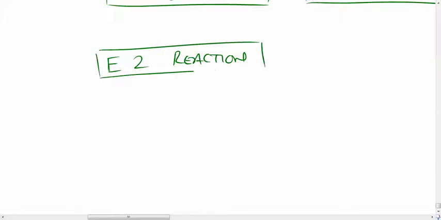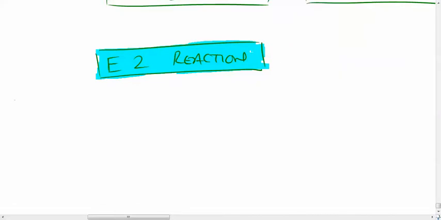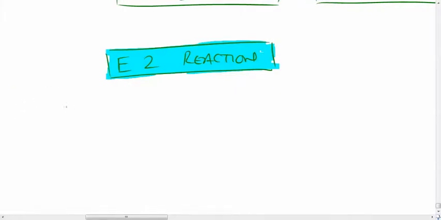So now we're going to focus in on the E2 reaction. In the E2 reaction, we're going to start off with an alkyl halide, in this particular case.